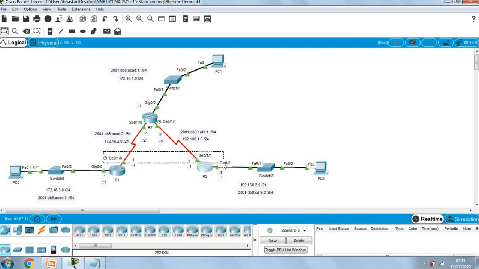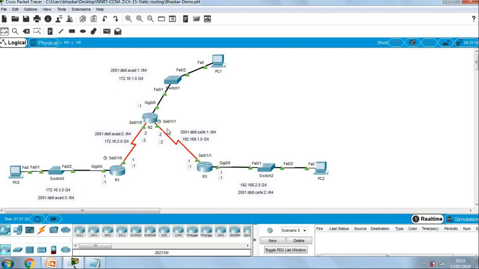Just for clarity, I assigned 1 here and 2 here, just for easy remembrance. If you want to assign 2 here and 1 here, no problem, no issue. Similarly for IPv6, 2001:DB8:ACAD:2::1 is the first IP here, and 2::2 is the second IP I assigned for this interface.